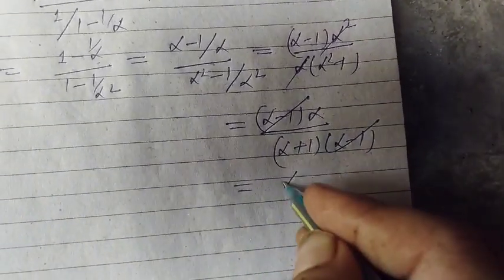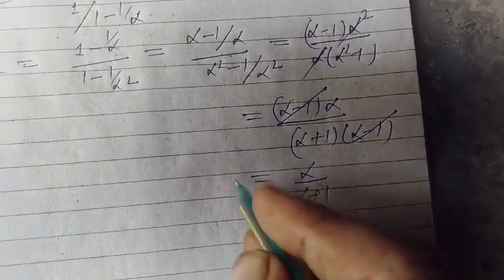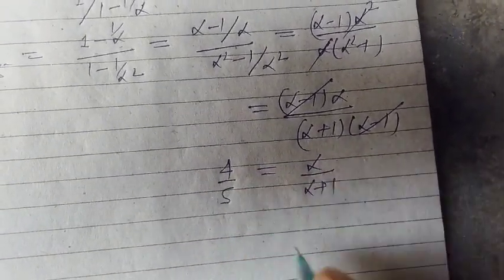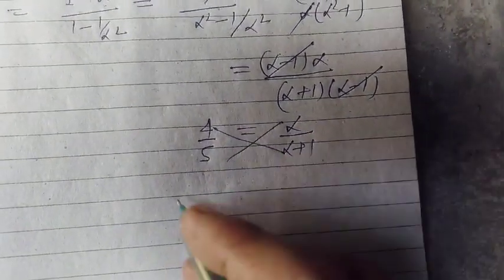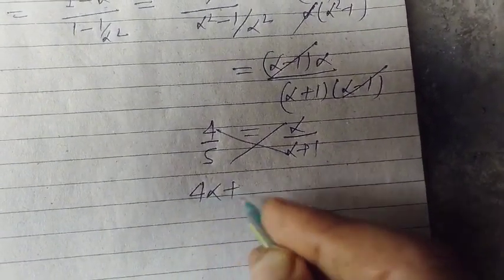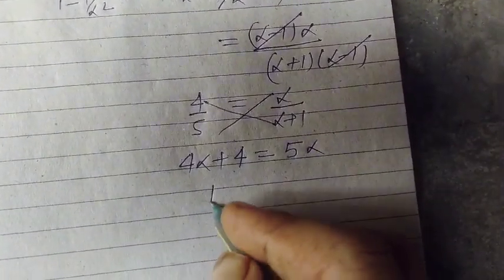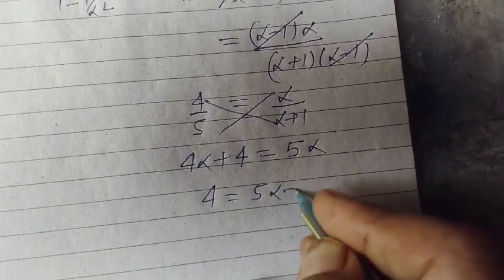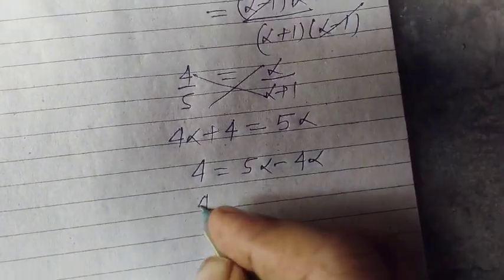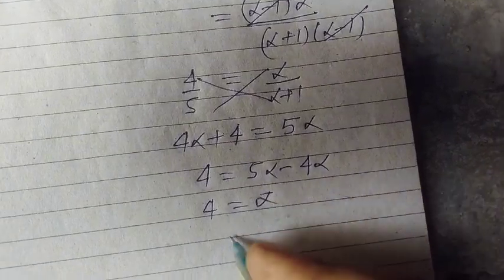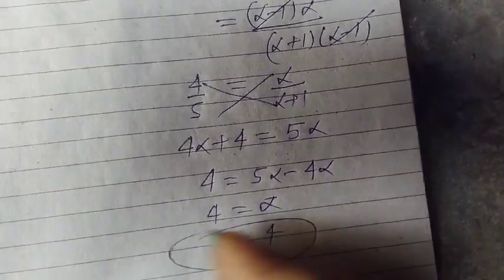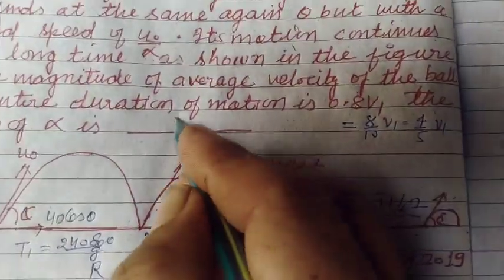So this cancels out, we get alpha upon alpha plus 1 which is equal to 4 by 5. Now cross multiplication, 4 alpha plus 4 equals 5 alpha. So 4 equals 5 alpha minus 4 alpha, that is alpha equals 4. So the value of alpha is 4 in this question. So 4 is the answer.